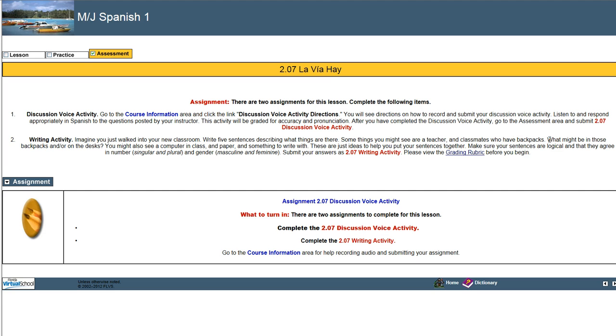For example, you might say, there is a computer in the class, there is a piece of paper on the desk, etc. So make sure that your sentences make sense and that they reflect the vocabulary that you've learned in this module. So, hay una computadora en la clase. There is a computer in the class would be an example of a sentence that you could use.